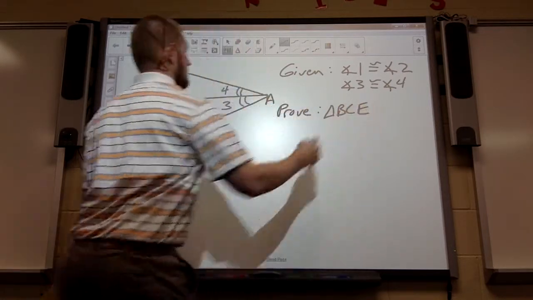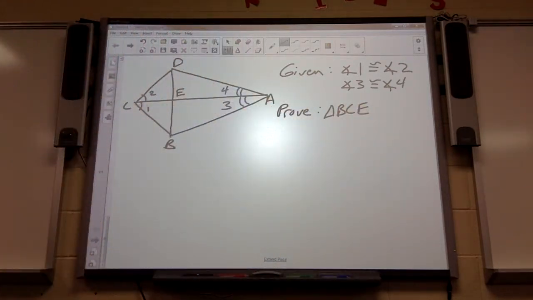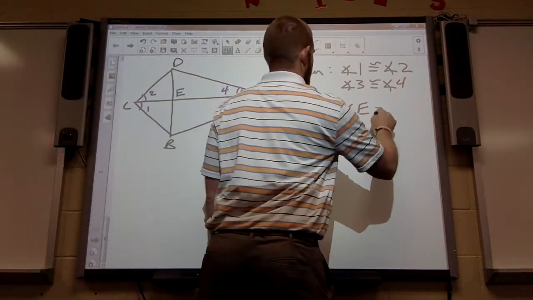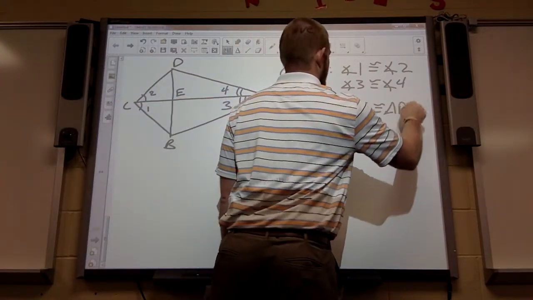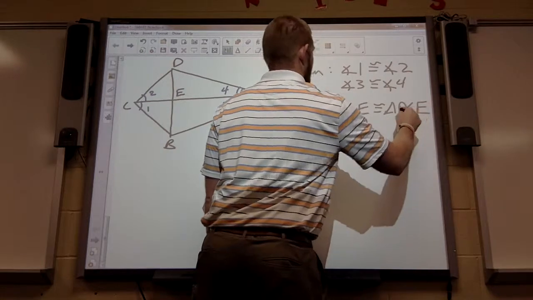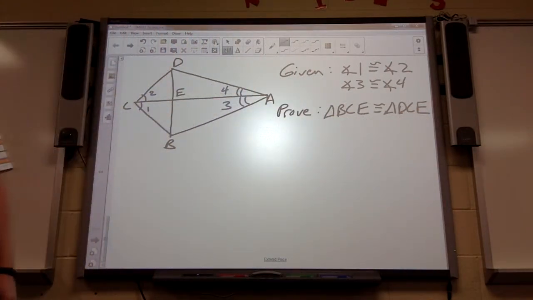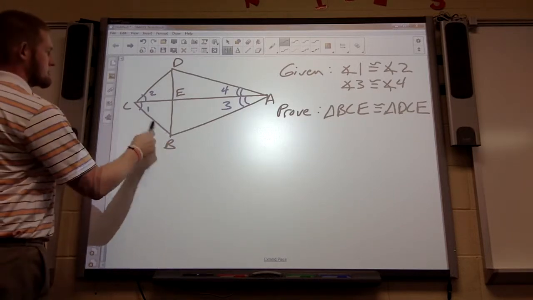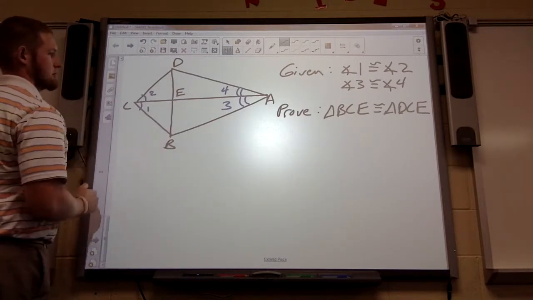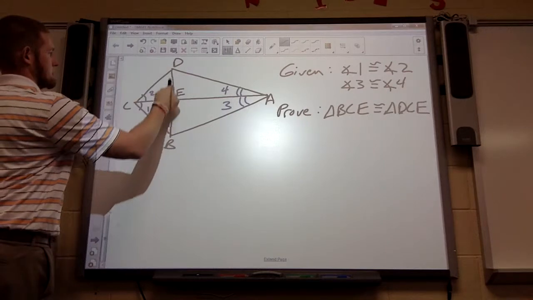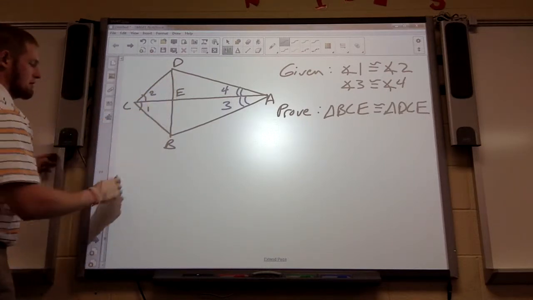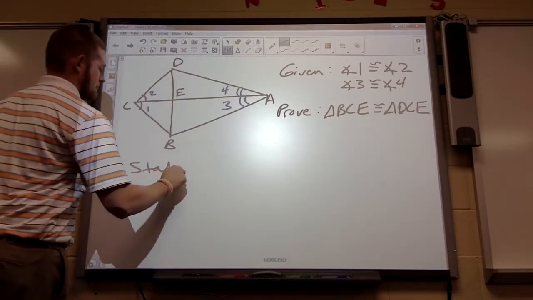BCE is congruent to triangle DCE. So we want to prove that BCE is congruent to DCE. Get your statements and your reasons set up.